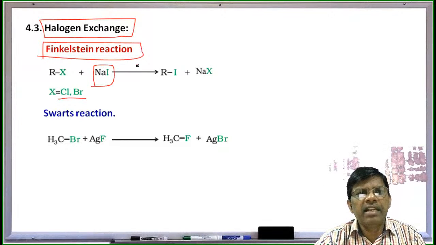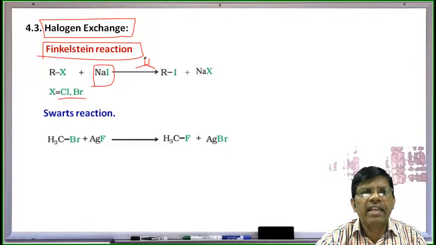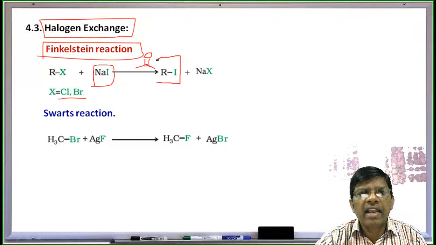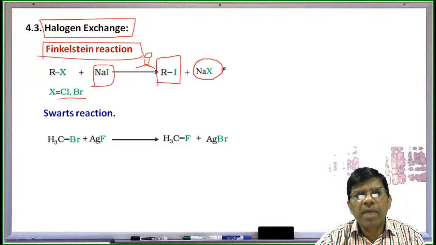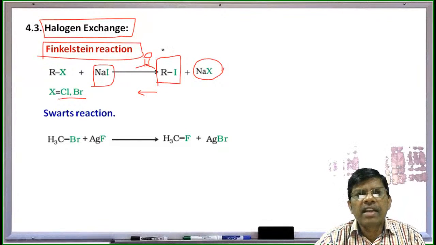Just simply treat the alkyl halide in dry acetone with sodium iodide, and you will get the alkyl iodide compound, and the remaining sodium halide which is going to form, the sodium chloride or bromide, is insoluble in acetone. So this is how the reaction is not going to go back. So the key factor is use of dry acetone.